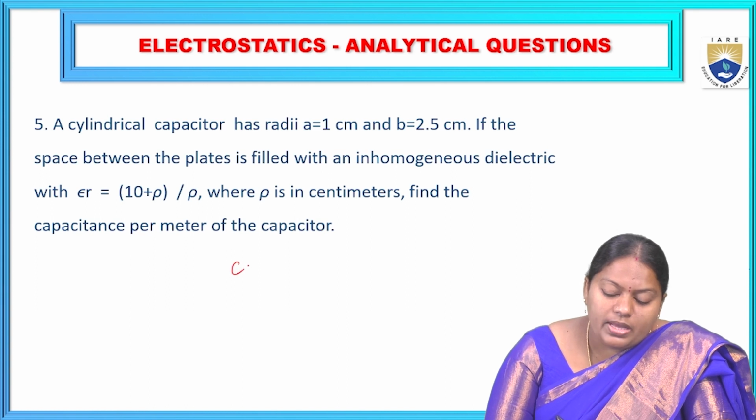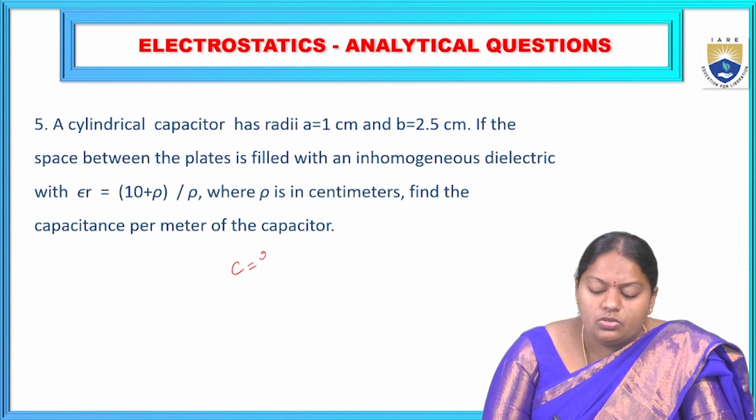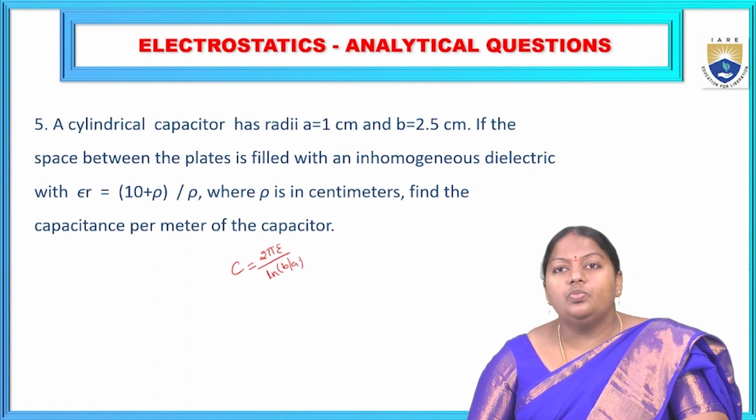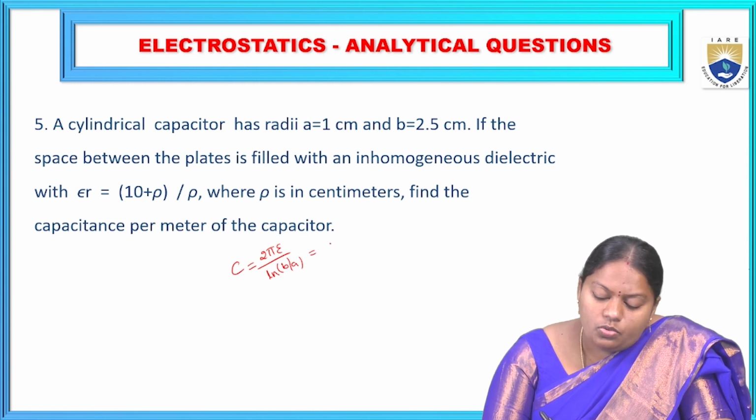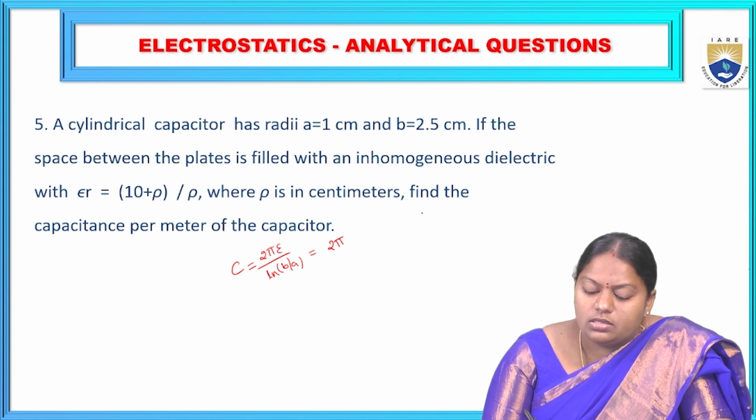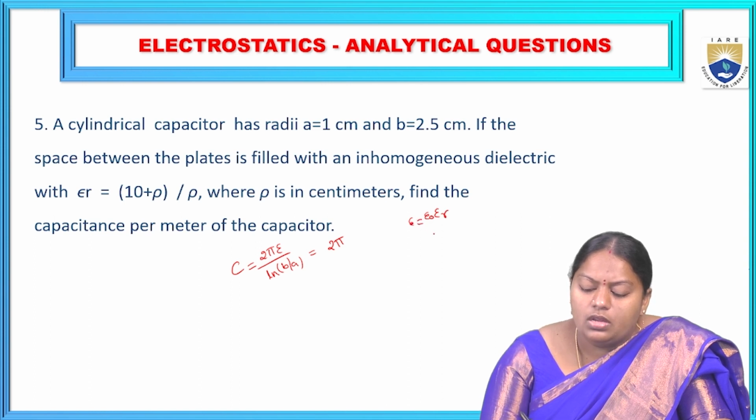For a cylindrical capacitor, the formula is 2 pi epsilon by ln of B by A. Epsilon is generally written as epsilon naught into epsilon r, and epsilon r is given by (10 plus rho) by rho.